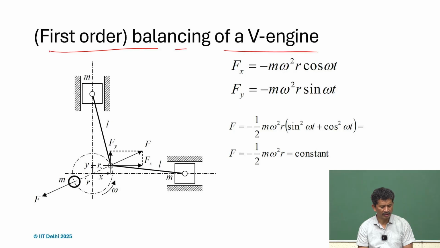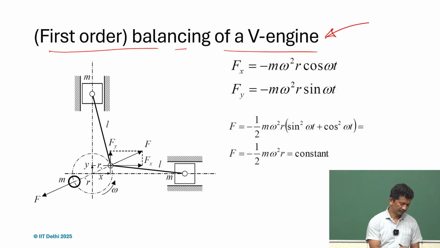In many of these engines we have issues, and we try to minimize any eccentricity or mass offset if we can balance it. For instance, if you take a V engine and want to do the first order balancing, of course there are first order and second order things, and we have to look at the literature and the textbook. If you are really interested in balancing, first look at the first order balancing.